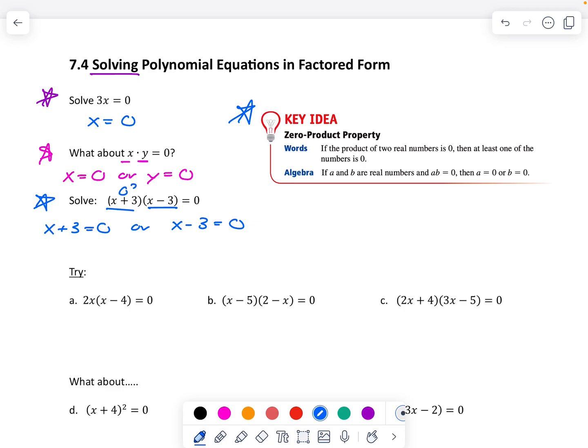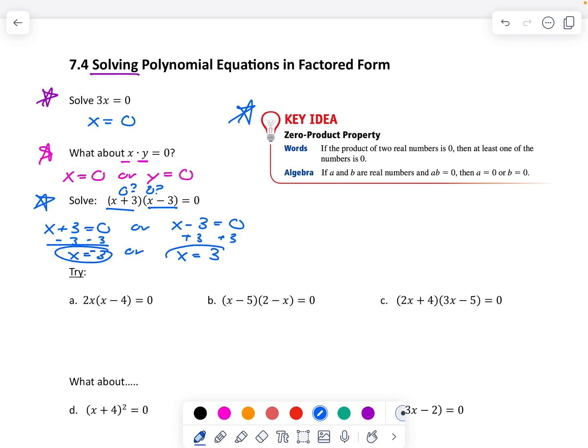Is this 0 or is this 0, right? One of those parentheses has to be 0 in order for the two factors to have an answer of 0. Well, if we solve these, we get either x equals -3 or x equals +3.